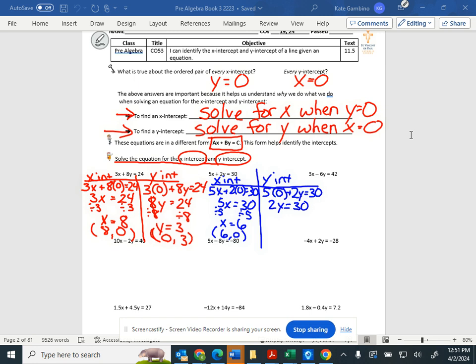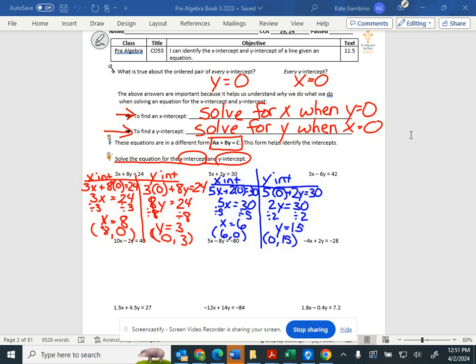Divide by 2 on both sides, so I'm left with just that one y. 30 divided by 2 is 15. So what is my y-intercept? Gabe: 0, 15.